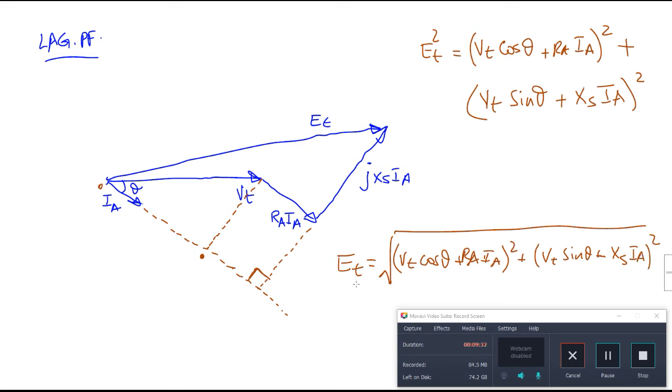So that's per phase. This is the equation for lagging power factor. For any lagging power factor, we can determine the equation of ET using this equation.